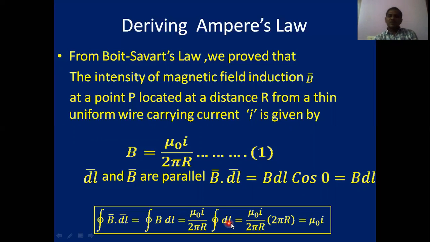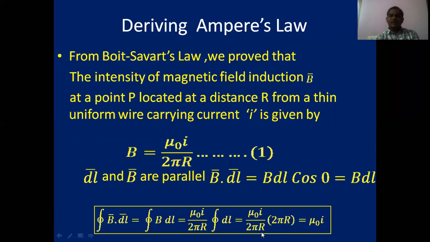So then this equals mu naught I by 2 pi R into closed integral dL. We have substituted 2 pi R. Then 2 pi R gets cancelled, equal to mu naught into I. So therefore, the statement is proved. The closed integral B bar dot dL bar equals mu naught into I. So this is the proof of Ampere's circuital law.